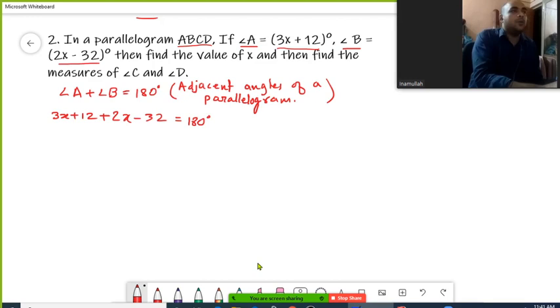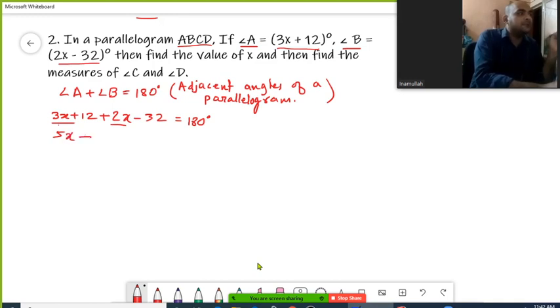Now we will follow the same procedure what we do to add or subtract polynomials, because these are algebraic expressions, and in case of algebraic expression we used to add and subtract like terms. 3x and 2x, these two are like terms, so we can take 5x together.